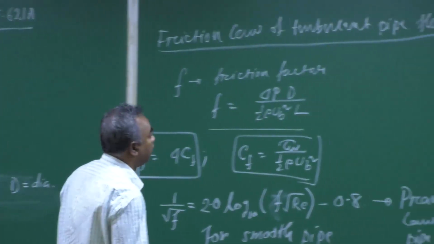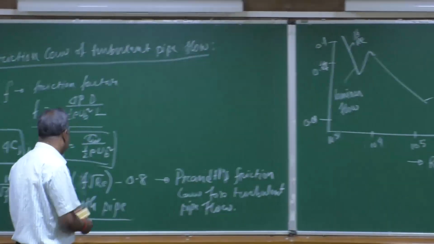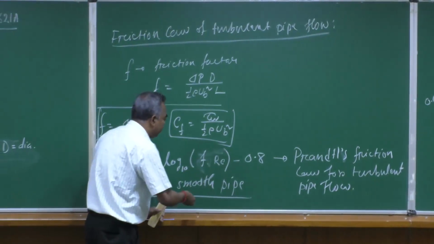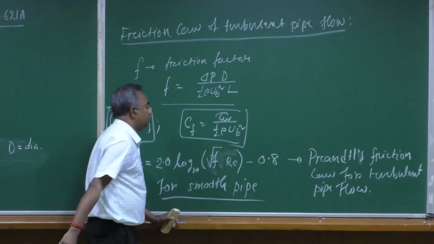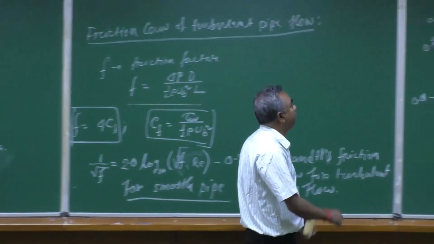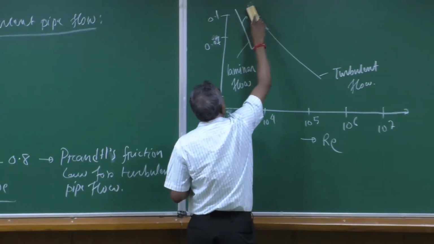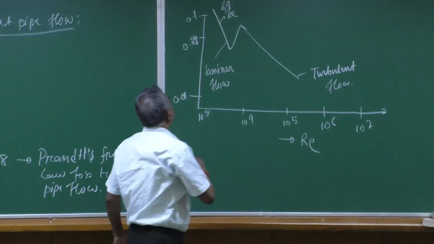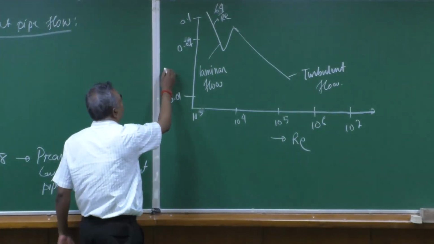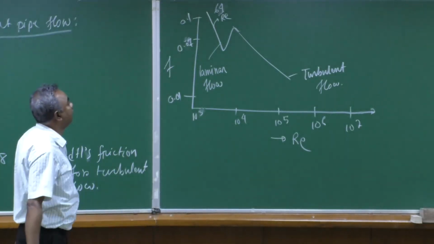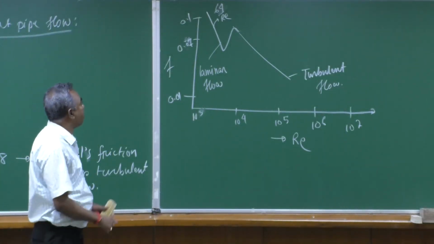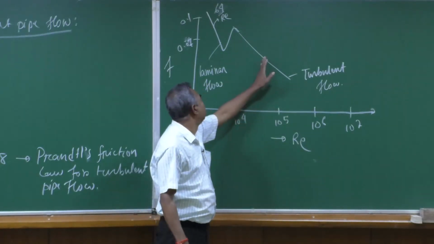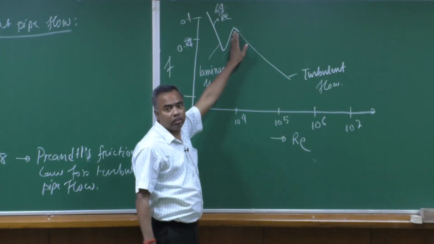Okay. Please note that there is a slight mistake here. It should be square root of f, and instead of 16 it should be 64 by Re, and this is your friction factor f. So, this is the friction factor versus Re plot: for turbulent pipe flow is this, for laminar case is this, and this is your transitional regime.